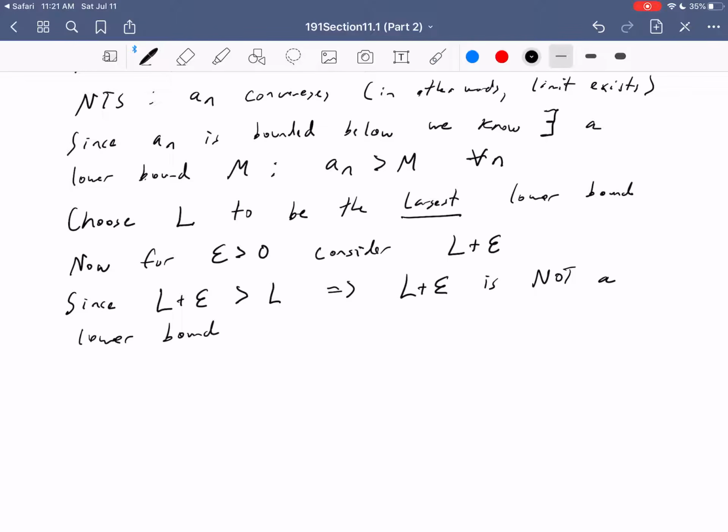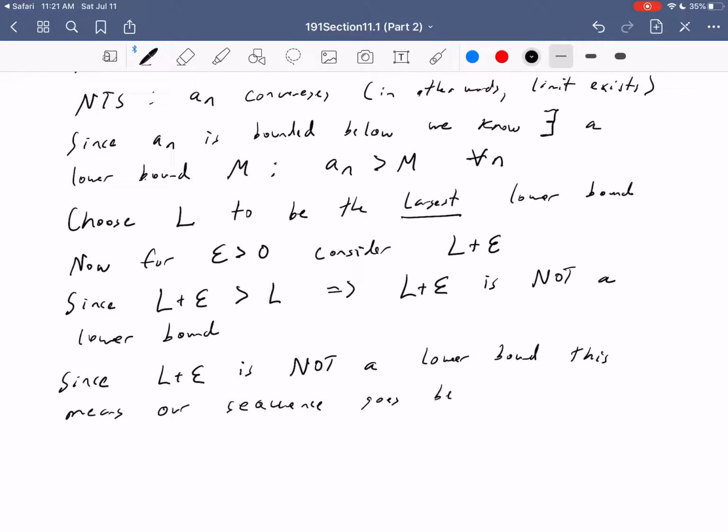Okay, why is that important? Well, since L plus epsilon is not a lower bound, this means our sequence goes below L plus epsilon at some point.